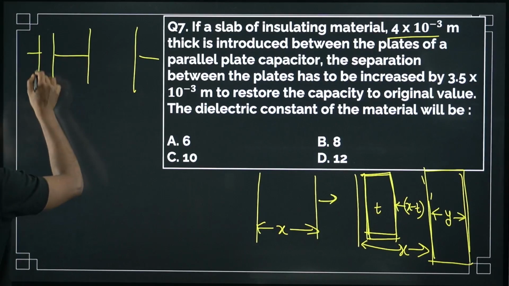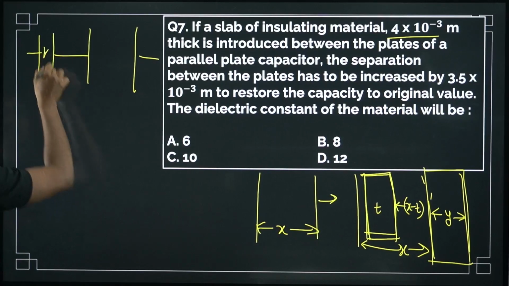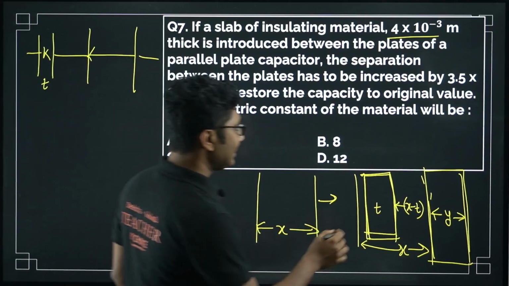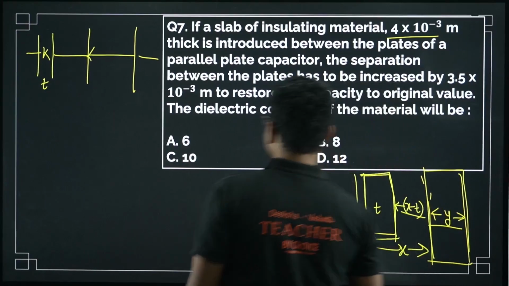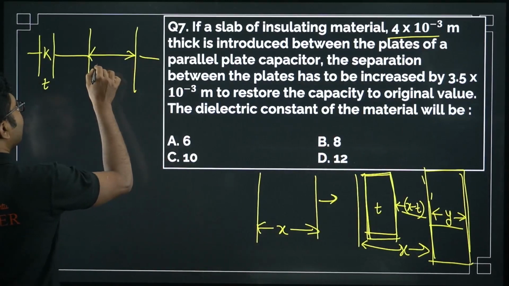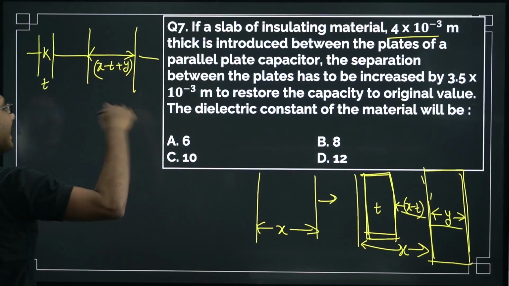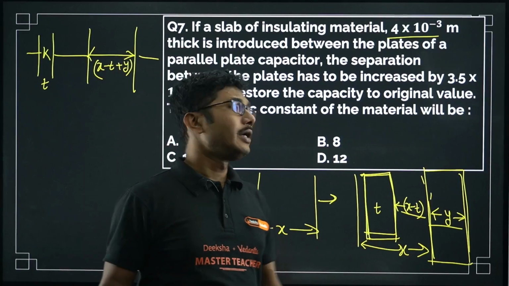One has thickness t, dielectric constant k. Another one has distance x minus t plus y. Area etc. is constant, right?